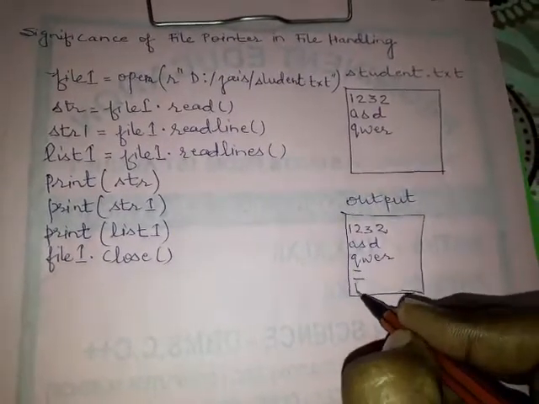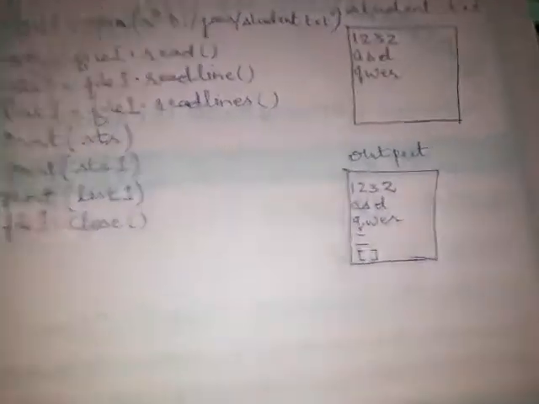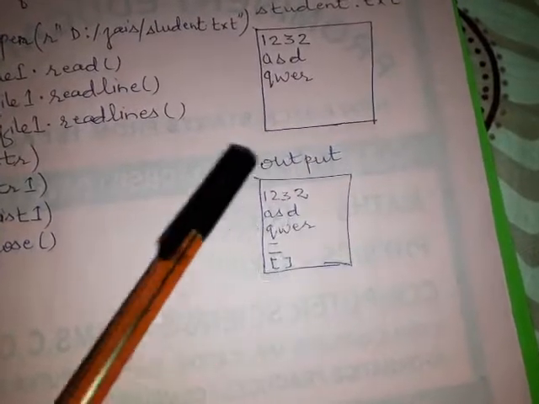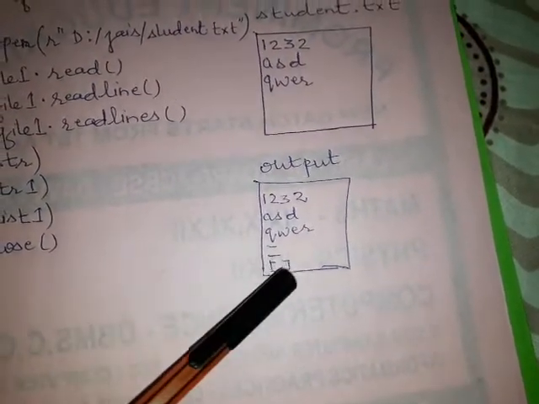Then at the last, an empty list is displayed. This will be the output when I run this program. So what is the reason that there is a two line space and one empty list is displayed?